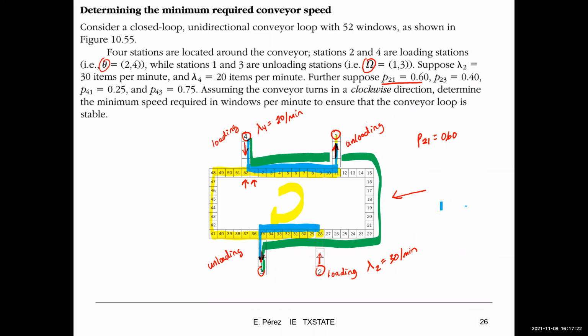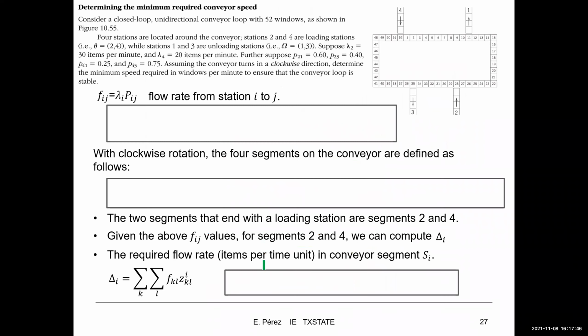And those are the probabilities: P21, 60%, P23, 40%, P41, 0.25, and P43 is the complement, 0.75. Assuming the conveyor turns in a clockwise direction, determine the minimum speed required in windows per minute to ensure that the conveyor loop is stable. Okay, so that's what we're gonna do next.